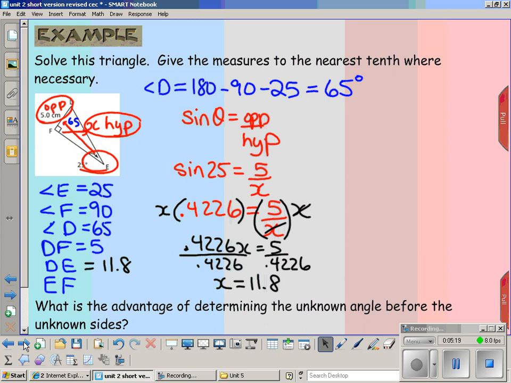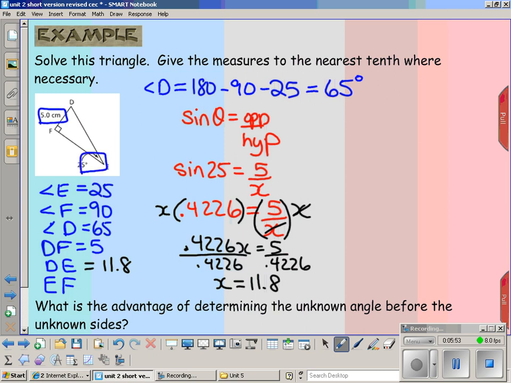Now we need to find our last side, and we have multiple ways we could find this. We could find it using one of the trig ratios. We could find it using Pythagorean theorem, because we now know two of the three sides. There's no right or wrong answer. You can choose one of the methods. I personally, to find the least amount of errors possible, like to go back and look at some of the original information given.